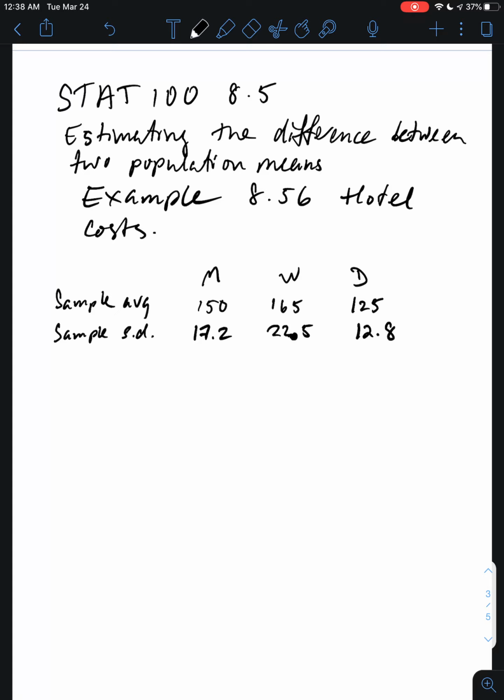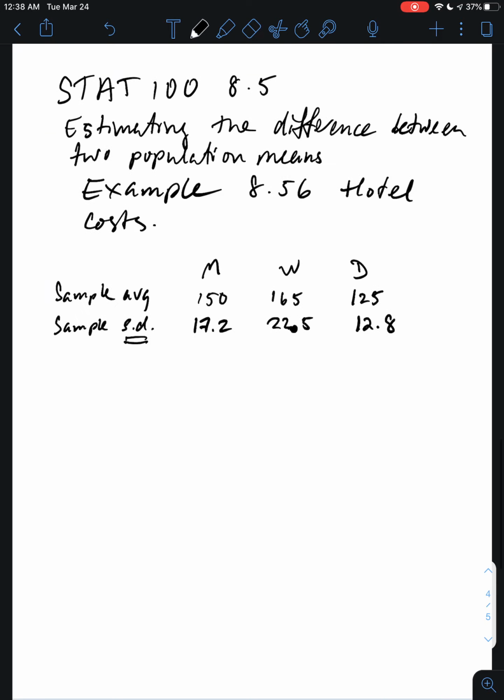Okay, so just one note, I'm just going to underline, make sure that everyone knows that that is a standard deviation. Finally, we need to know the sample sizes. And we read the problem here. It tells us that the means and standard deviations for 50 billing statements from each of the computer databases of each of the three hotel chains are given in this table.